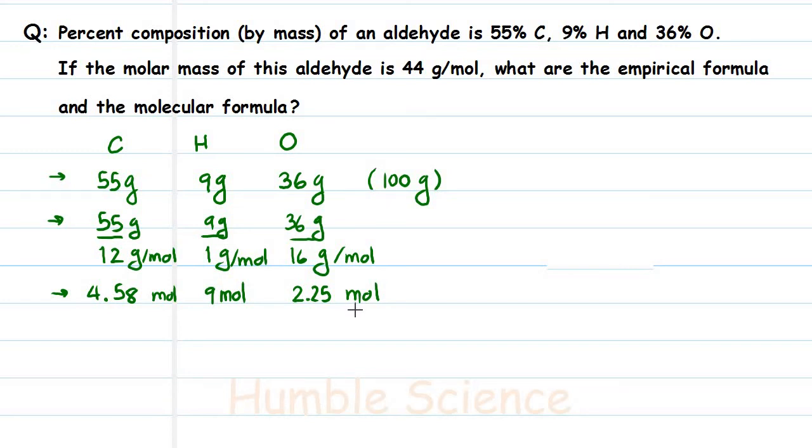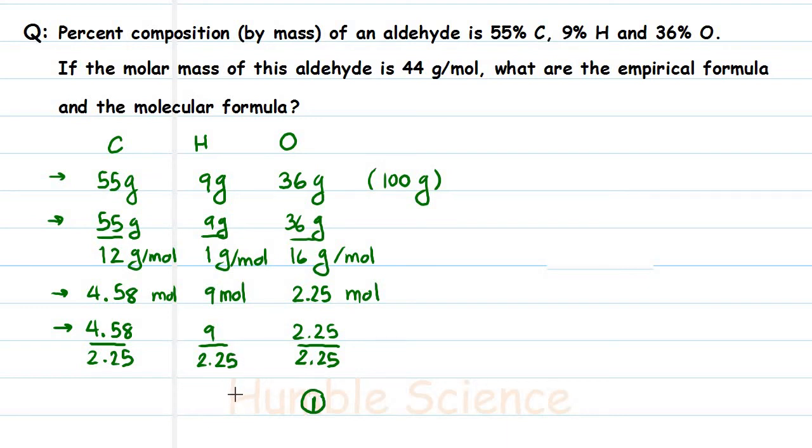Normally the way I do it is to divide it by the smallest number first, which is 2.25 over here. So I'm going to have 4.58 divided by 2.25, and then 9 divided by 2.25, and then 2.25 divided by 2.25, and that's gonna give us 1 over here.